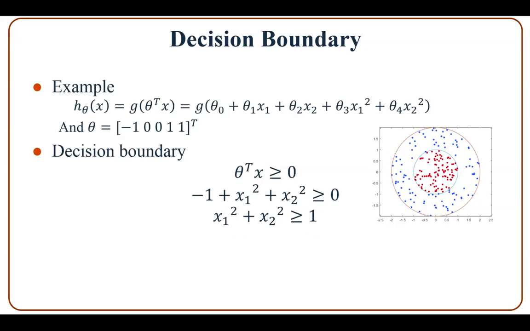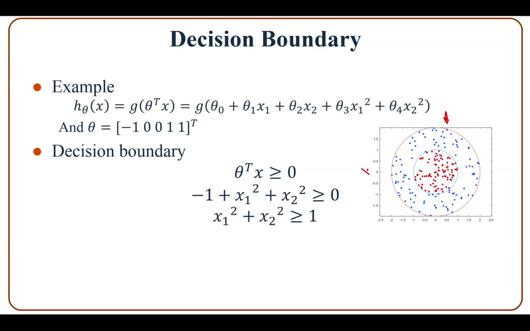Now let's look at another example. Now we have another data set, and it looks like the decision boundary is nonlinear. This is also a two-dimensional problem with x1 and x2.